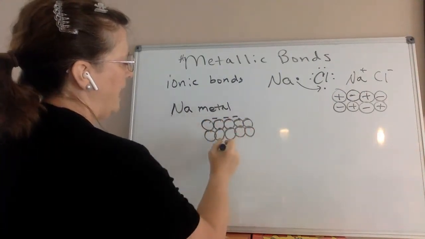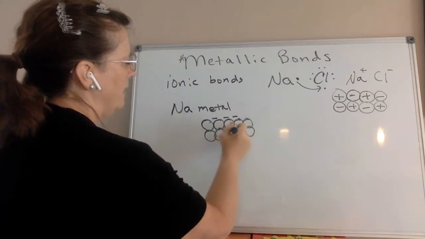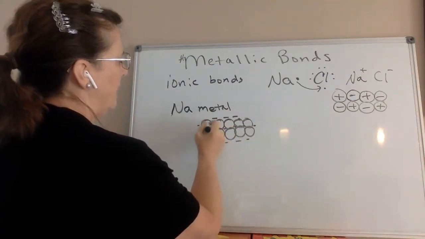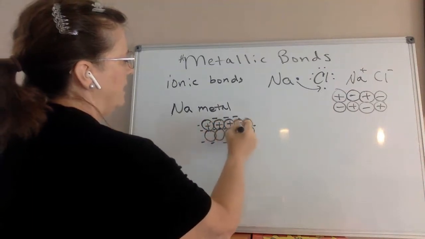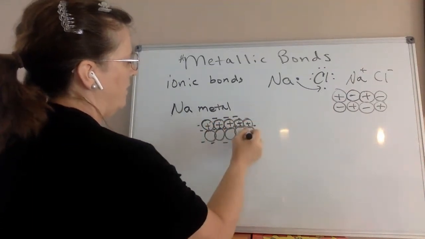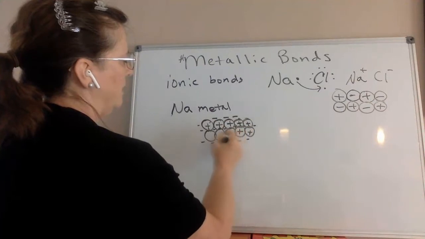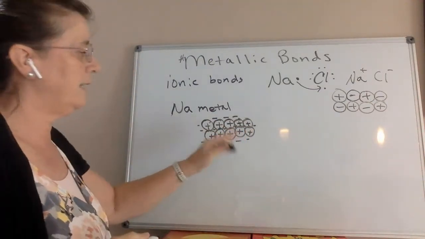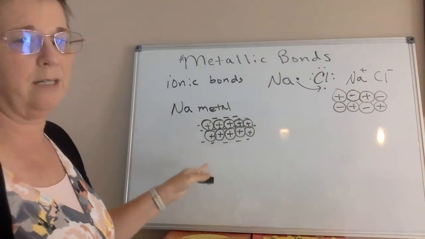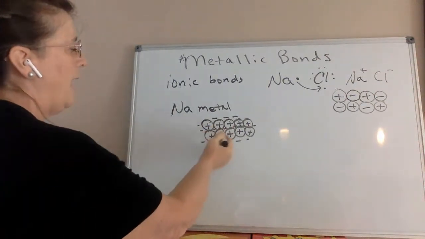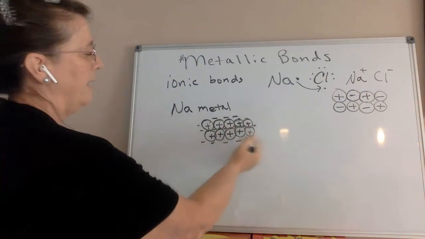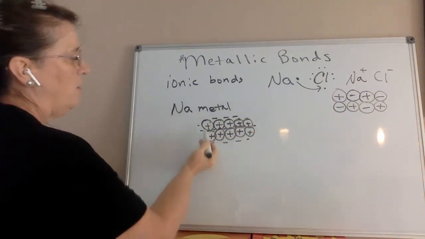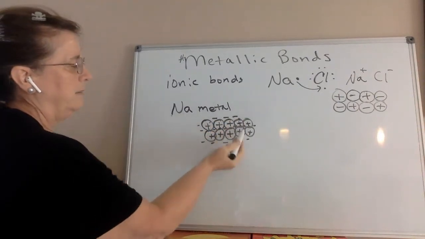So we say that the atoms are in a sea of electrons, and all of these would be cations because their electrons are out here. The valence shell electrons are out here. And this is the reason that sodium metal can conduct electricity. All metals can conduct electricity because the atoms make the cations, and then you have all the electrons around it. So all of these would be the same metal.